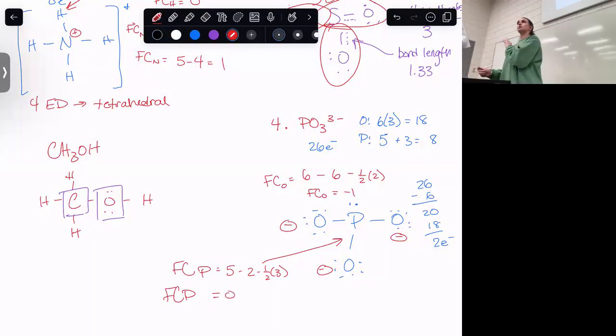So since phosphorus has no charge and our oxygens have a -1 charge, that adds up to -3. We have a -3 in our ion to originally begin with. So all of our formal charges need to add up to that -3. And it does, so that's good to go.